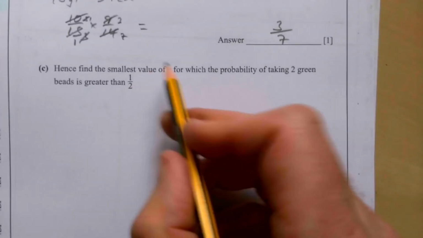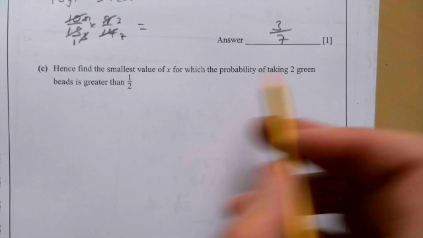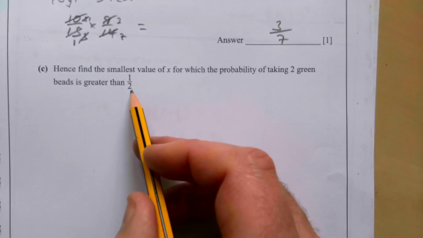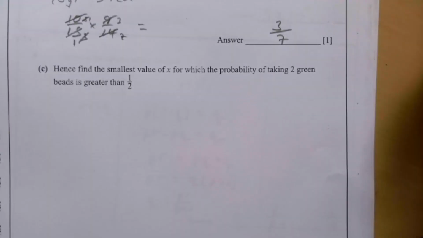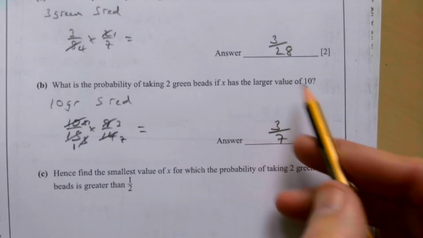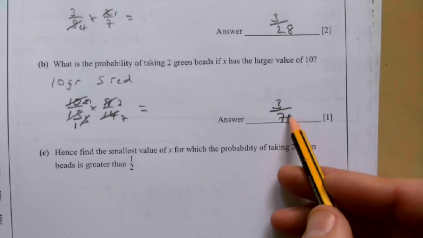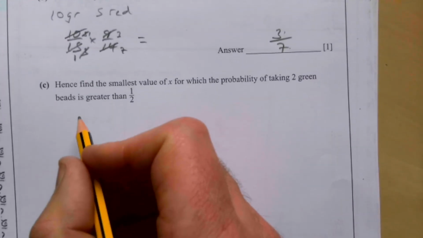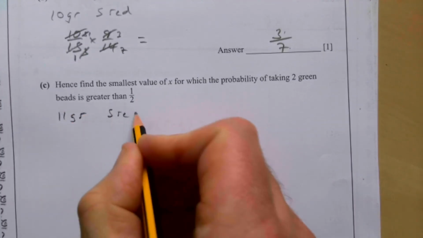Hence find the smallest value of X for which the probability of taking 2 green beads is greater than a half. So let's take a look. We've tried it for 3 and it's quite small. We've tried it for 10 and it's still less than a half. So we're getting quite close. So let's try for 11. We have 11 green and 5 red.